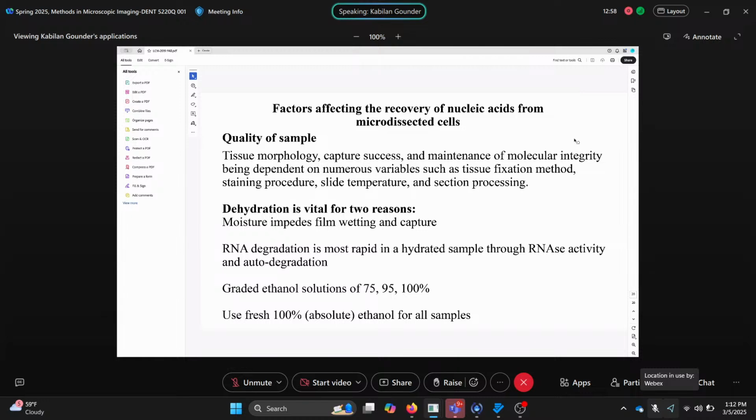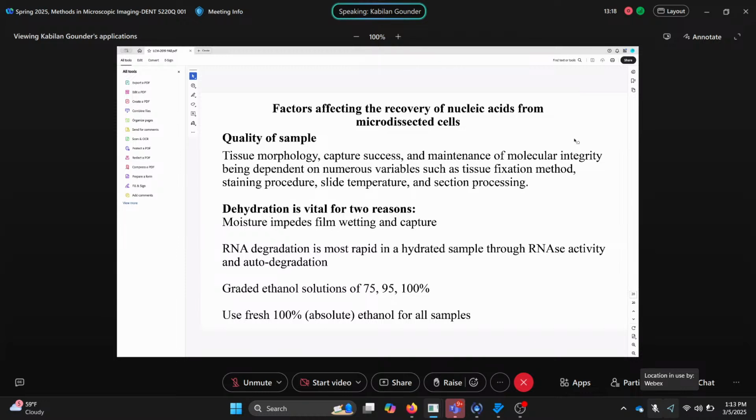Next is the dehydration, to facilitate your processing for the following steps. This gives you two important reasons for laser capture microdissection. One is that moisture impedes the film wetting and capture.